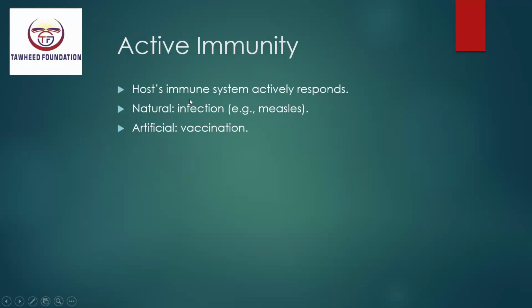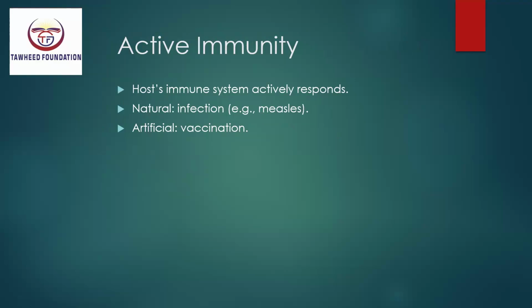Active immunity. Active immunity is the resistance developed by an individual toward an antigenic stimulus. Here the host immune system is actively involved in responding to the antigenic stimulus, leading to the production of immunologically active T cells, B cells, and specific antibodies.